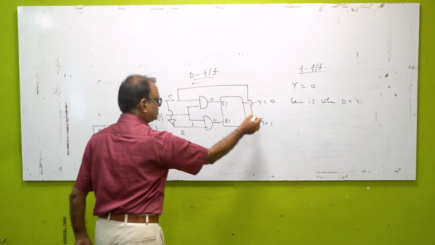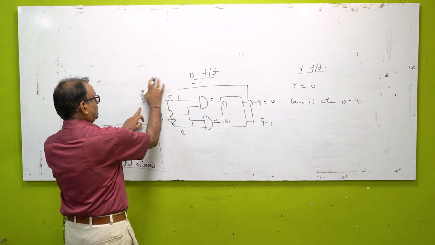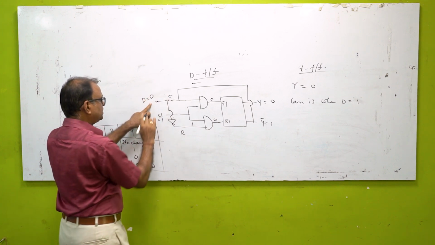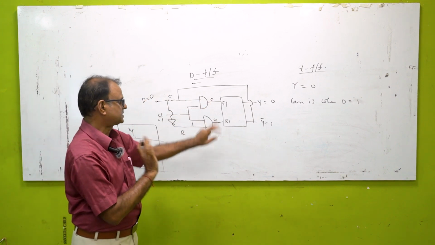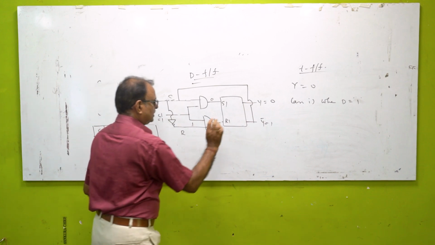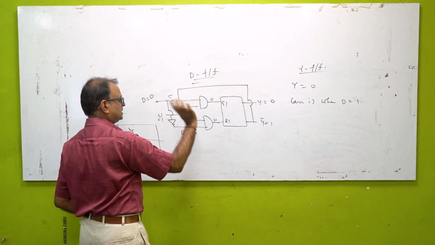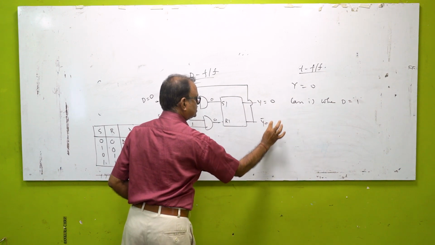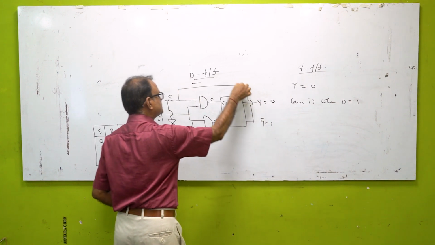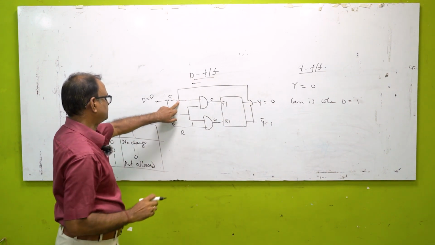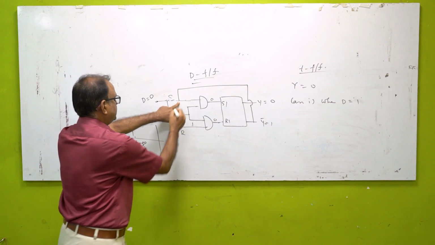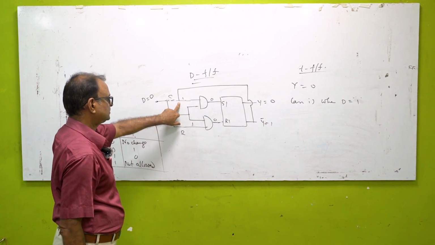Being coupled from this output to the input S, if this is 0, this will be 1, and this 1 will be coming to this input S, so S becomes equal to 1.